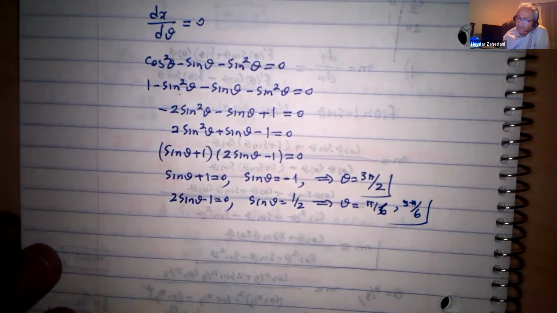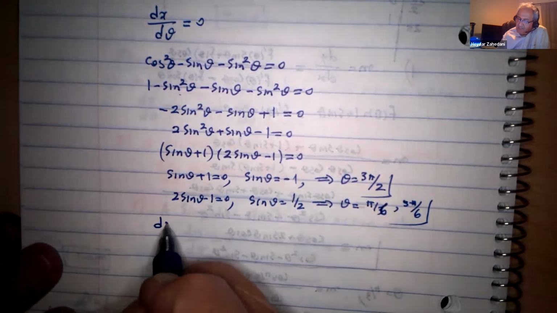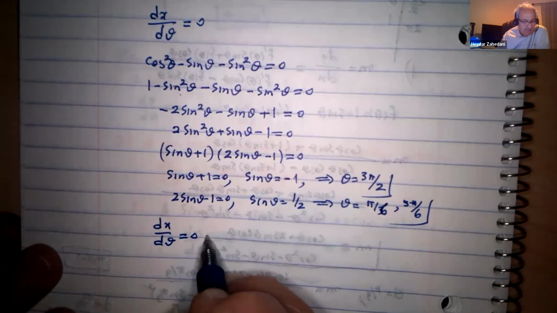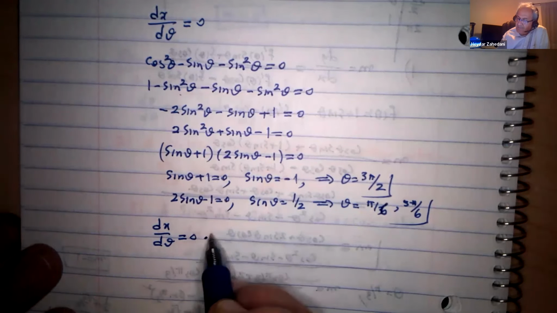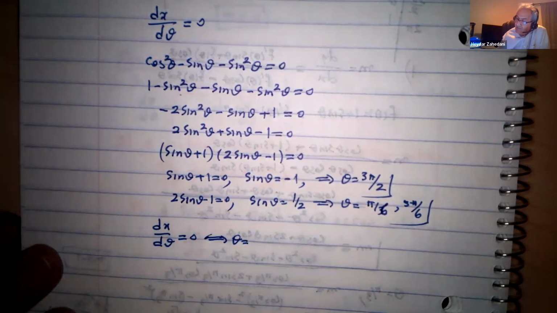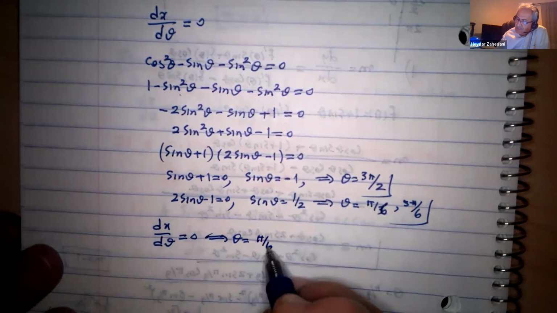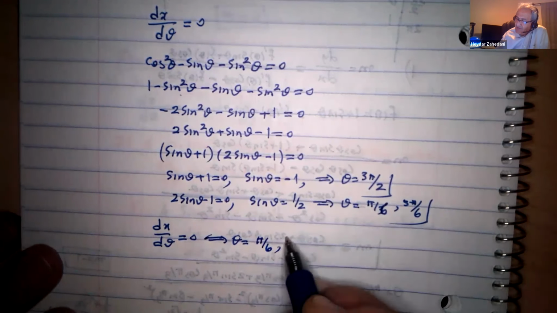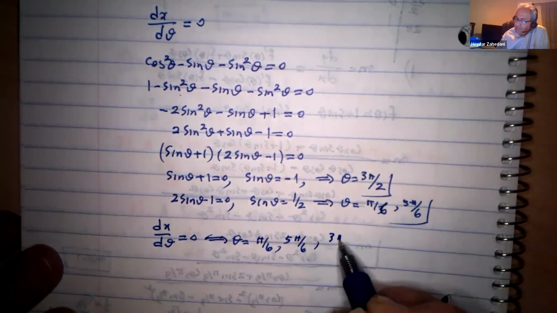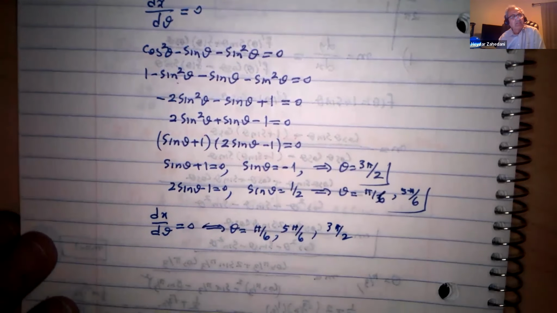So there you are, dx/dθ would be 0. In this case you have 3 solutions here: π/6, 5π/6, and 3π/2. That's it.